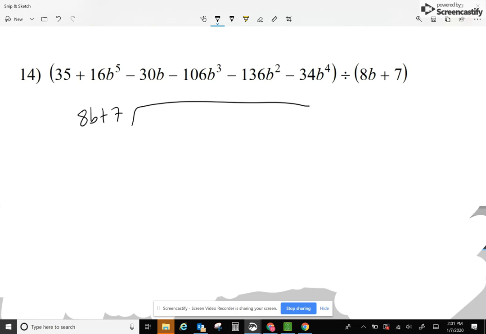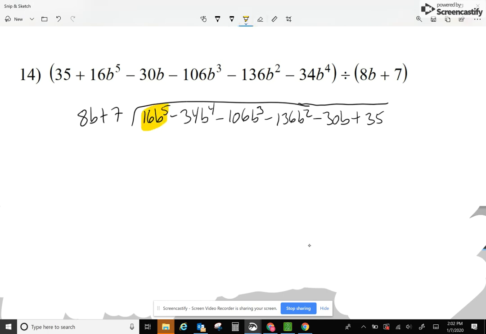Remember, the polynomial on the inside has to be in order. So I'm going to have to rearrange a few things. I'm going to call this 16b to the 5th minus 34b to the 4th minus 106b to the 3rd minus 136b to the 2nd minus 30b plus 35. Make sure your exponents are in order and you're not skipping any.